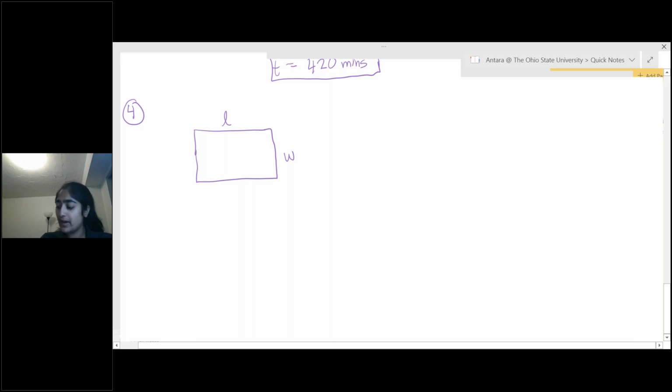So we know that the length of the rectangular garden is 3 yards more than twice its width. Since we have the relationship between width and length, we can choose one of them to be a variable, and we can define the other one based on that variable. So let's define W as the width, and this is going to be our unknown quantity.